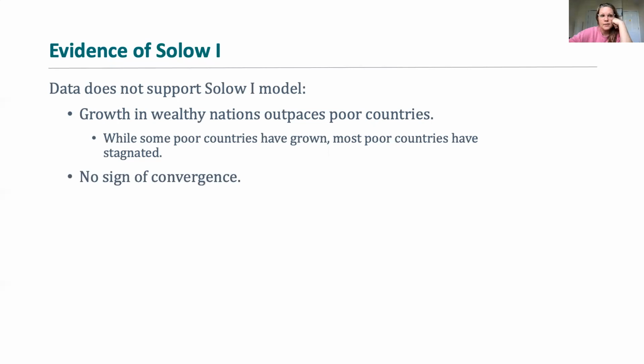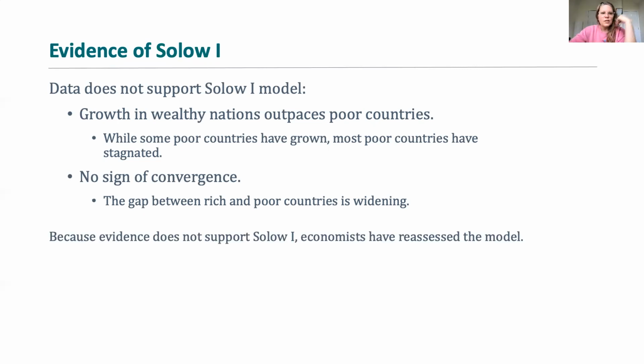They've stagnated. There's no sign of convergence, meaning that we don't see an equalizing factor across per capita GDP globally. There's still a huge gap between the rich and the poor countries, and that gap is widening. The wealthier countries are getting wealthier faster, and the poorer countries are being left behind. So evidence doesn't really support the original Solow model, and therefore economists have had to reassess it, right?